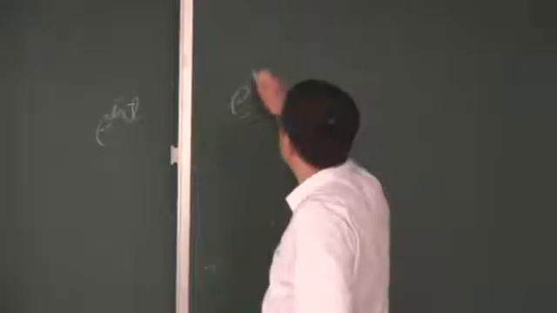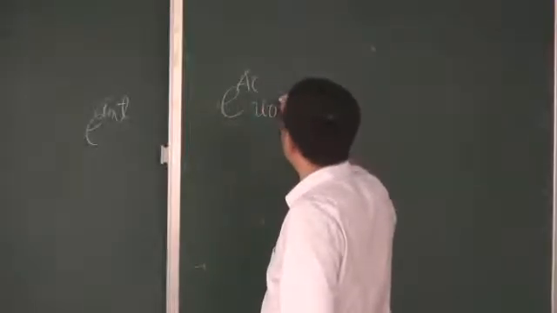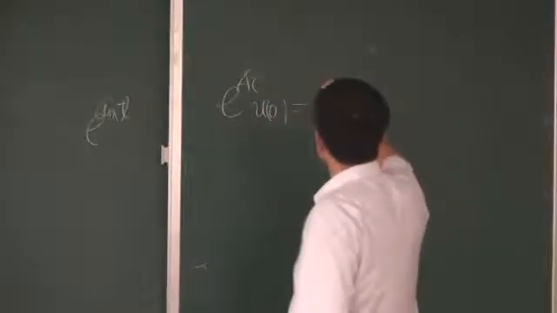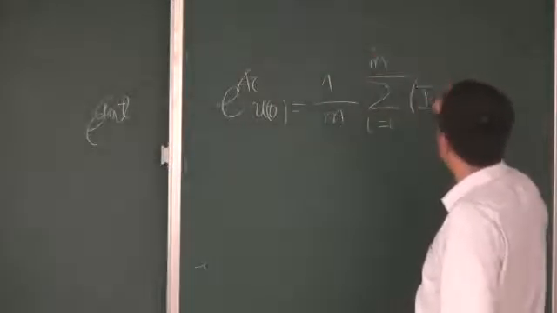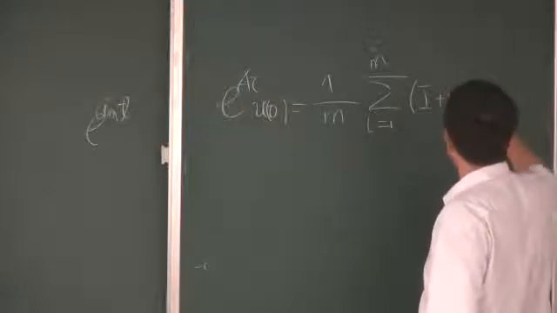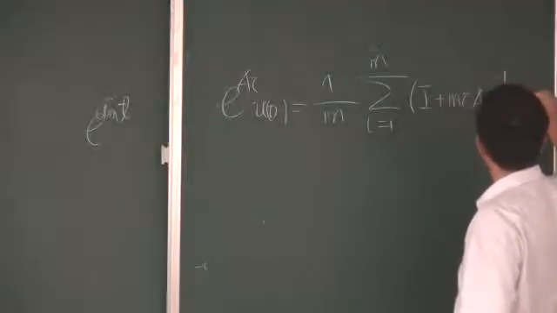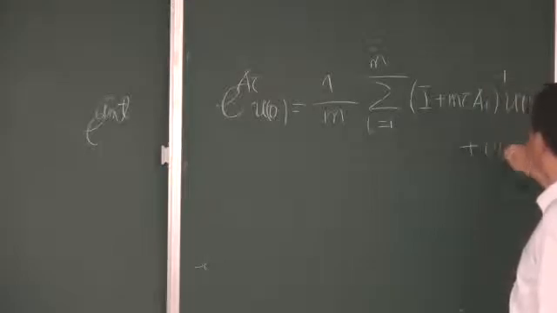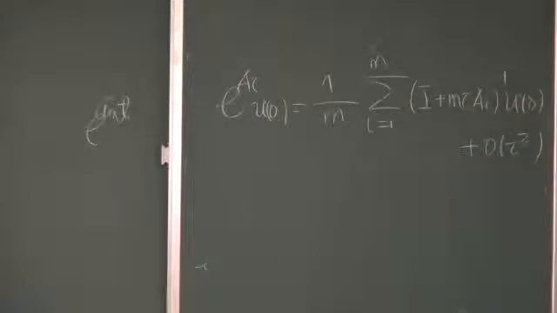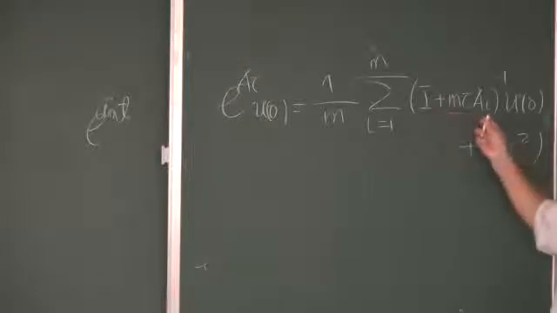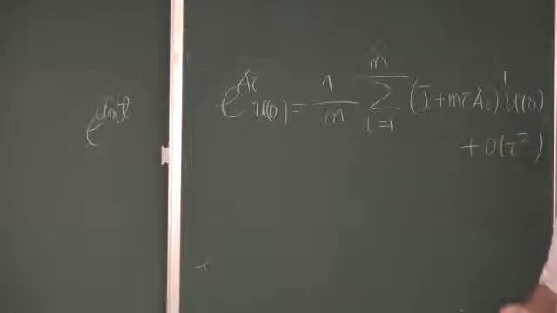So e^{tau A} u0 is equal to the summation, i from 1 to m, of (I plus m tau A_i) inverse u0 plus O(tau squared). So here is a summation instead of multiplication. That is the reason it's called additive operator splitting, because now you are adding instead of multiplying.